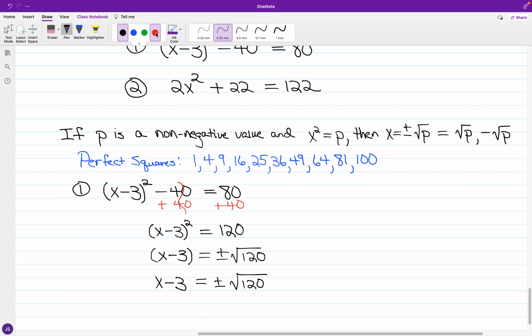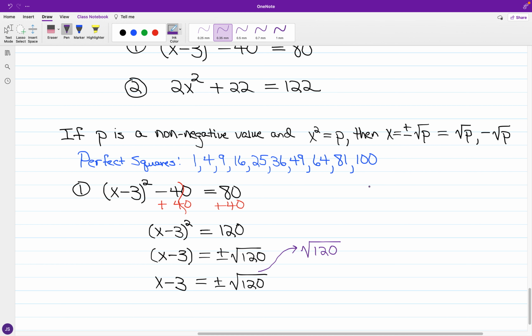Now, this is a case where you're not going to have as much radical reduction as one might be inclined to think. We have a fairly large number with 120, and 120 factors out in all kinds of ways: 120 times 1, 60 times 2, 40 times 3.